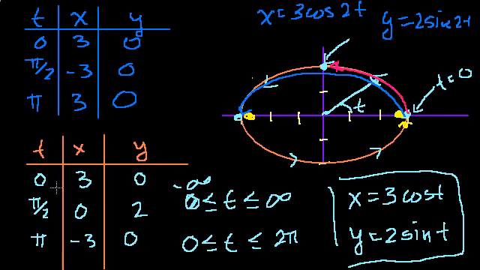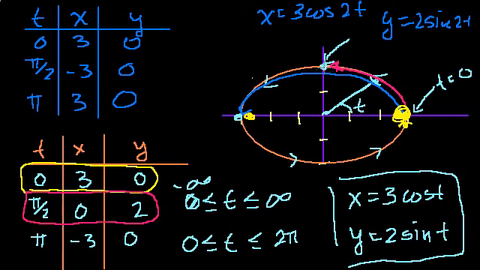But what we saw in the previous video is when you plot these points, at time t equals 0 we were right here, at t equals pi over 2 we got right there, and at t equals pi we got over here. And we did that to establish that the direction of motion, if these parametric equations really are describing some type of motion, would be counterclockwise.